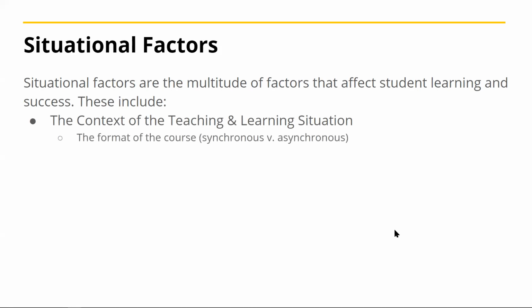So that might be the format of the course. When we're talking about online courses, that would be synchronous versus asynchronous, which certainly plays a role in the context. The meeting time: we know that if it's a synchronous meeting time, an 8 a.m. time is very different for students than an 11:15 a.m. time in terms of participation, discussion, dialogue, alertness, all of those pieces.